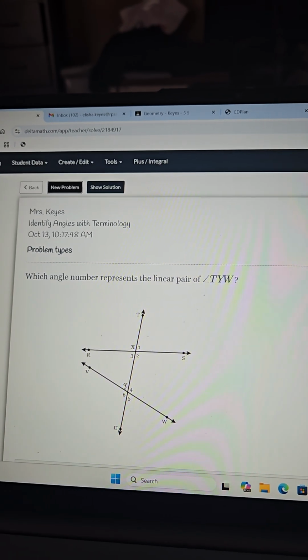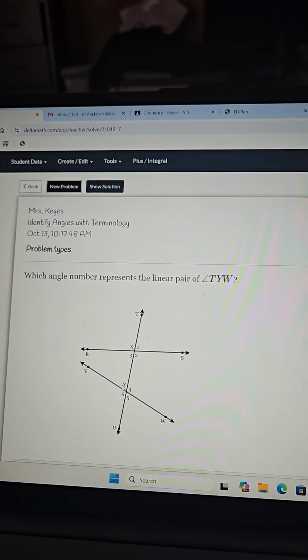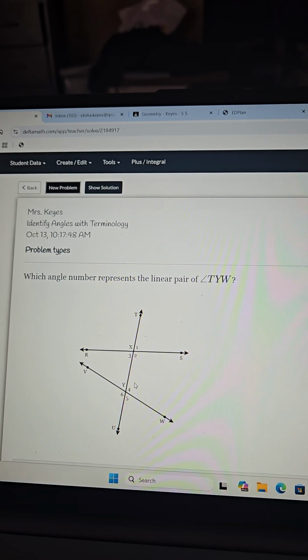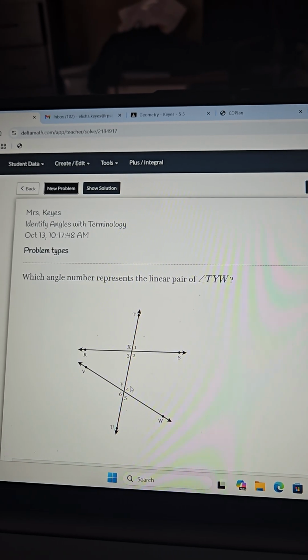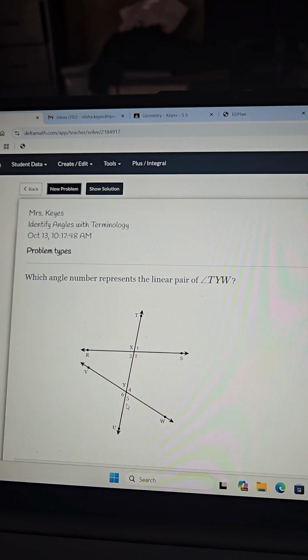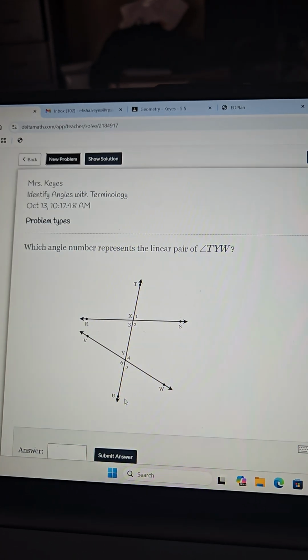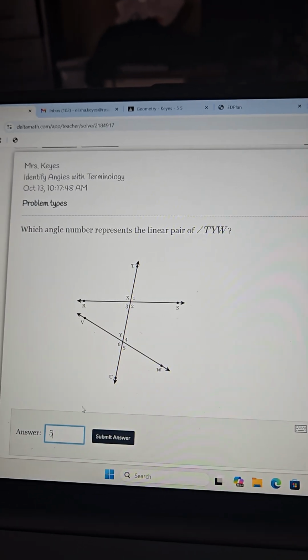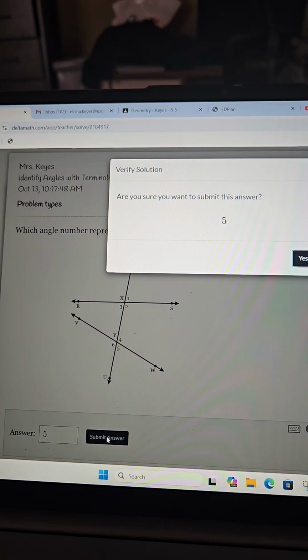So once again, Y could be a linear pair with it, but it doesn't want a letter, it wants a number. So the only number that's a linear pair would be 5. That's going to match with 4, right? Submit.